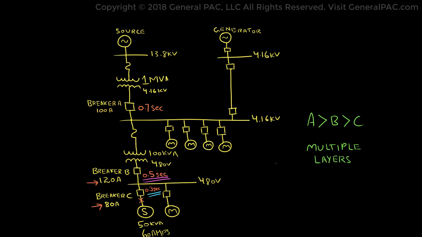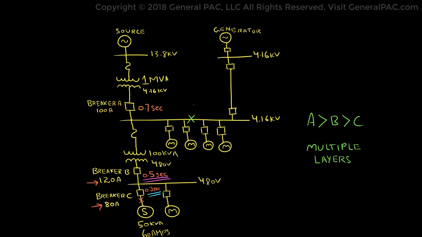The disadvantage of this strategy occurs with high current levels. If we consider a three-phase fault at the 4.16 kV bus which produces an abnormally high current, this strategy may not provide good protection. Because this strategy uses definite time delay, and to make coordination possible, each layer of protection has some delay.